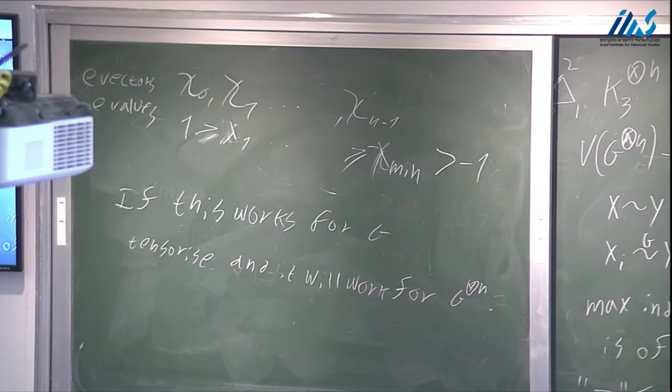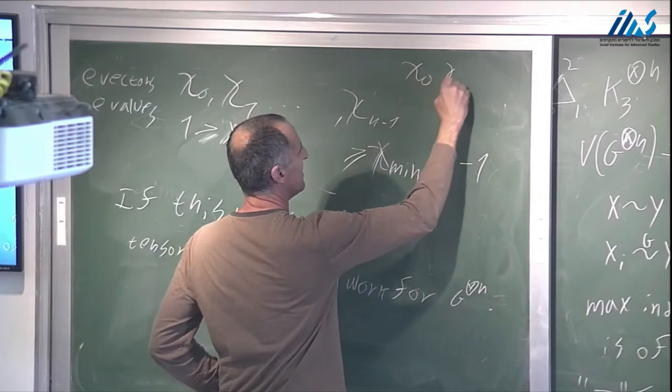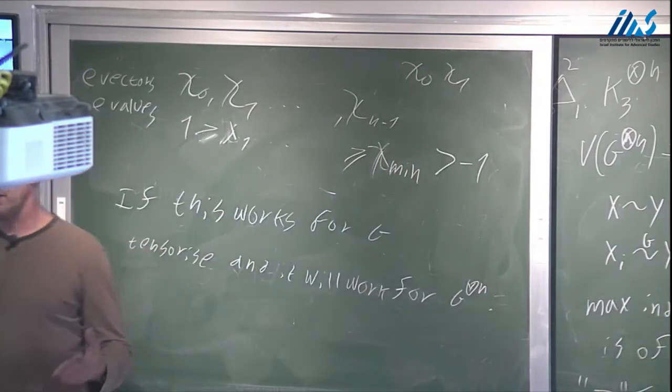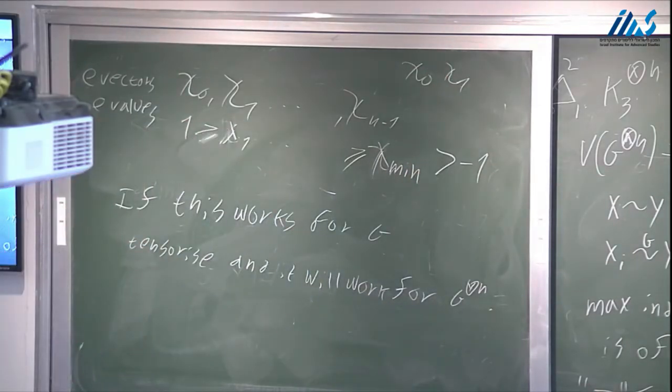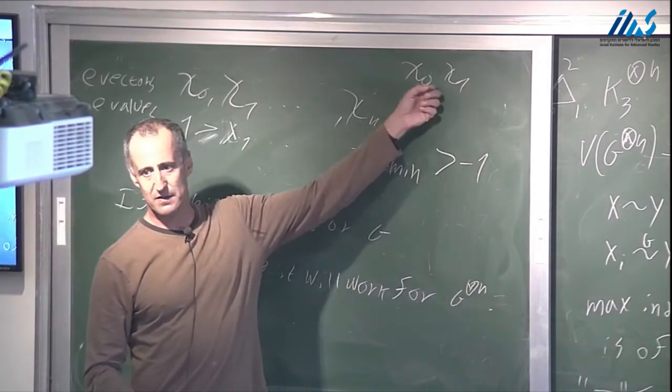Remember, before lunch I had a function for the two-point space, and when I wanted the function for the nth power of the two-point space, I just took the nth tensor power. I had chi 0 and chi 1, and when I wanted the functions on the n-dimensional space, I took all possible tensor powers of n of these.